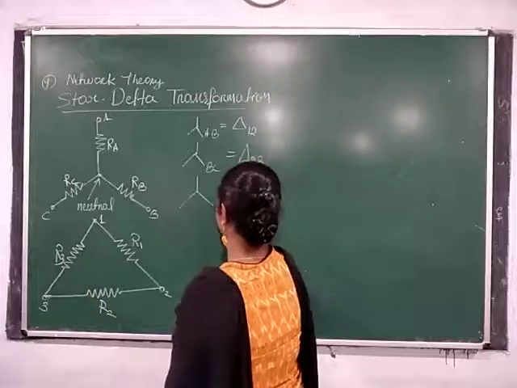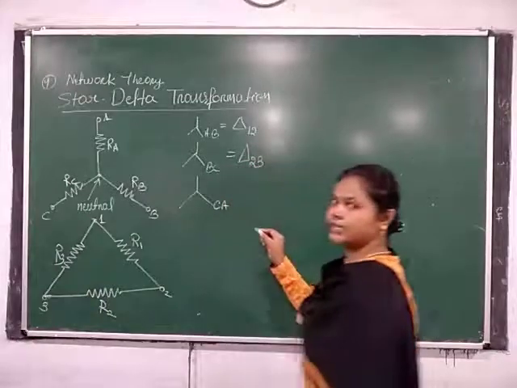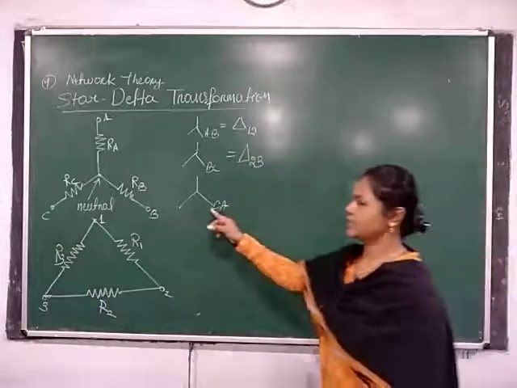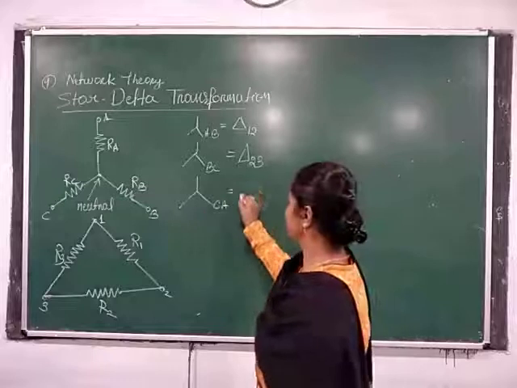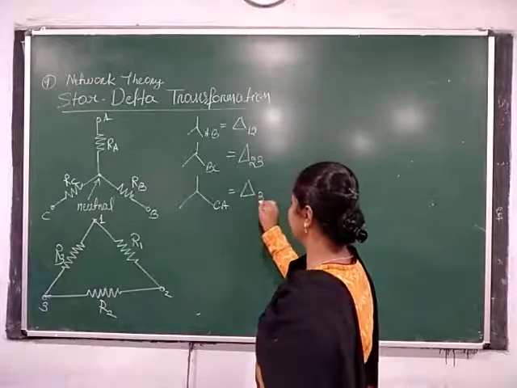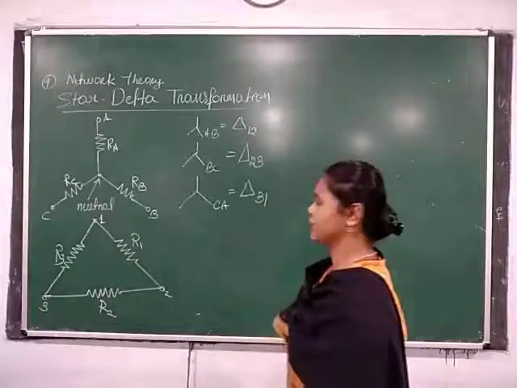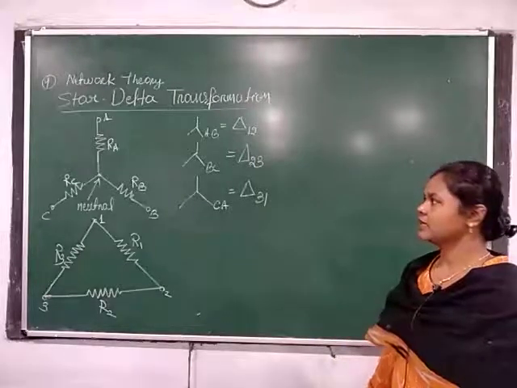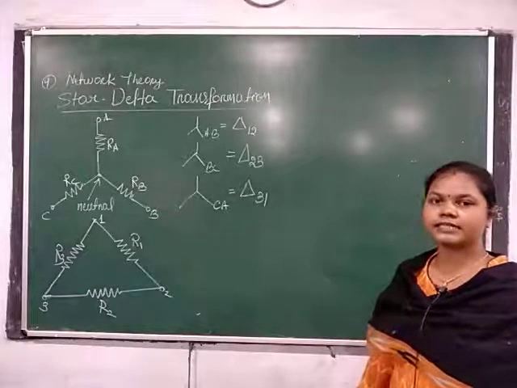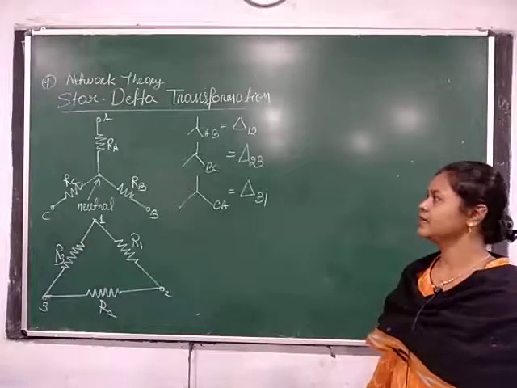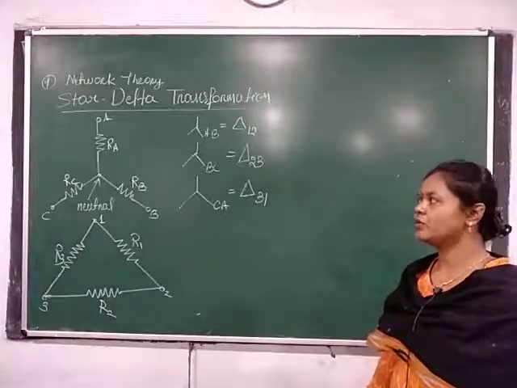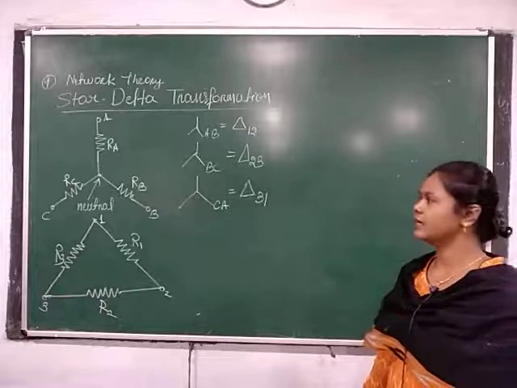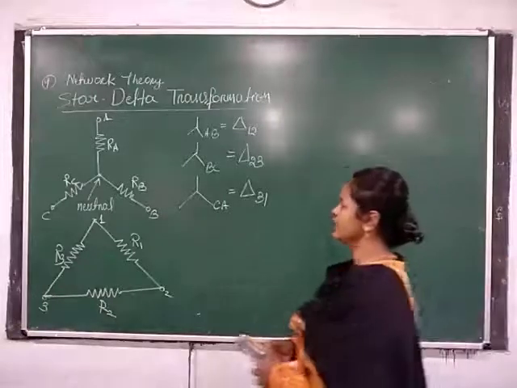Equivalent resistance between the terminals C and A in star connection is equal to the equivalent resistance between 3 and 1 in delta connection. Clear? Now we find equivalent resistances between two terminals in star and delta connection.